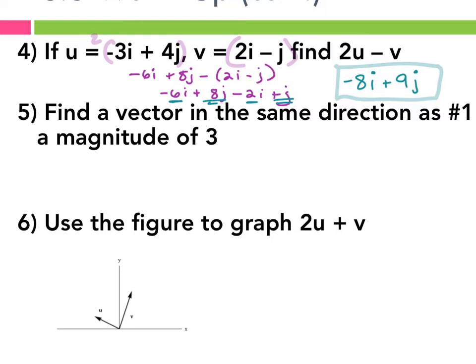All right, number 5 says find a vector in the same direction as number 1 with a magnitude of 3. And there's two types of problems with this same direction. One that said unit vector, and one that gives you the length of the magnitude. What's the difference between those two? Do you remember what unit vector is?